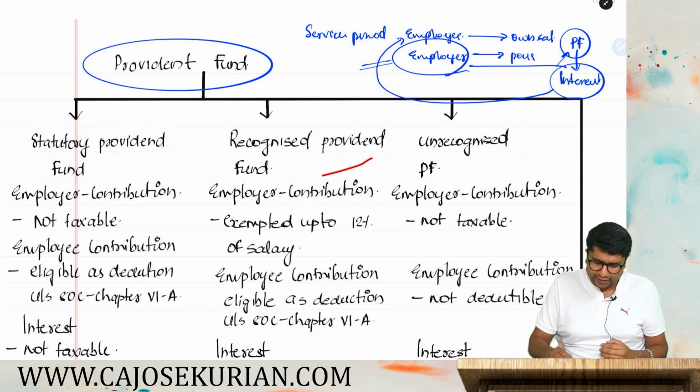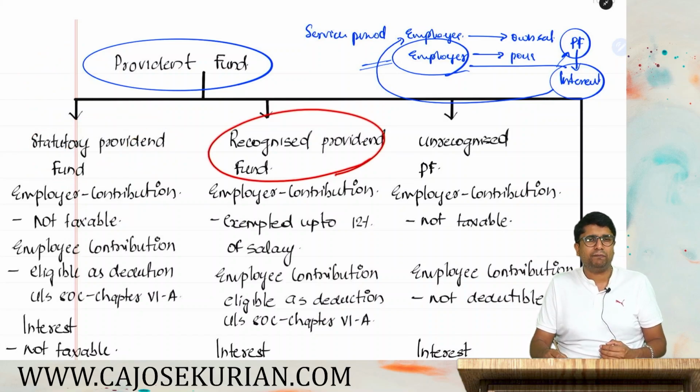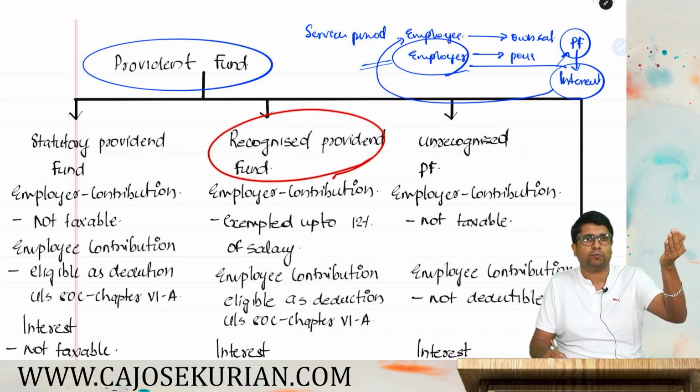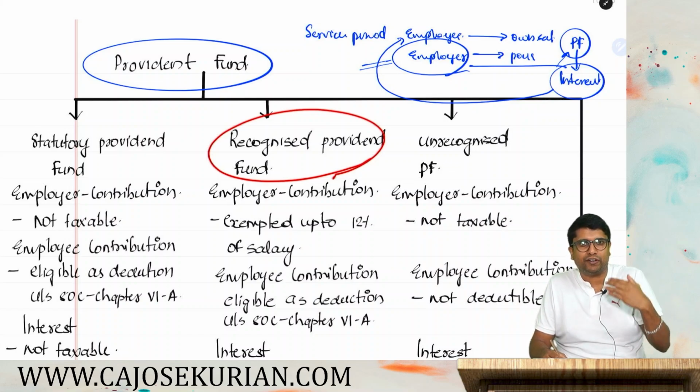Then second one is said to be recognized provident fund. That simply means an employer maintains his own provident fund and he is getting an approval from the Commissioner of Income Tax. You can call that respective provident fund as what? Recognized provident fund. You yourself are maintaining a provident fund and you get it recognized from a respective institution.